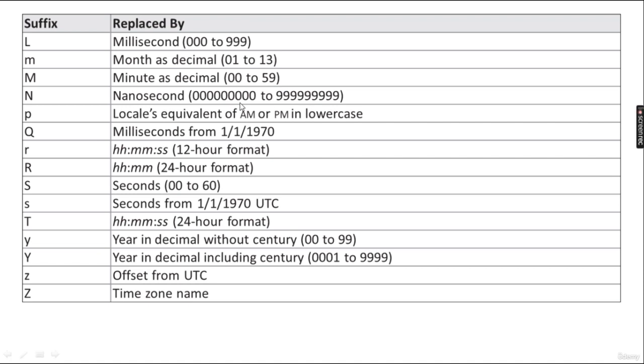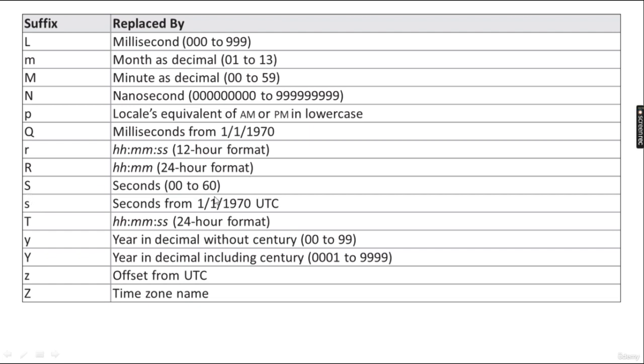Capital N, nanosecond, 000000000. So there are nine digits for nanosecond. p, lowercase equivalent of AM or PM. Q, milliseconds from 1-1-1970. Then r, hour, minute, second, 12-hour format. Capital R, hour, minute, 24-hour format.